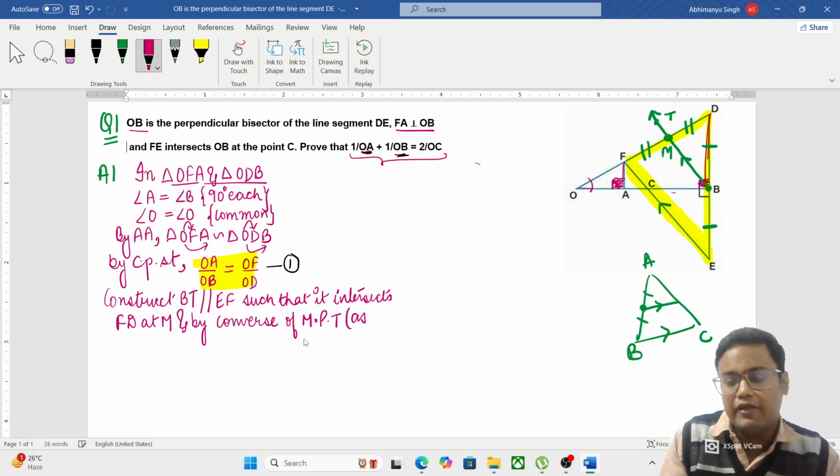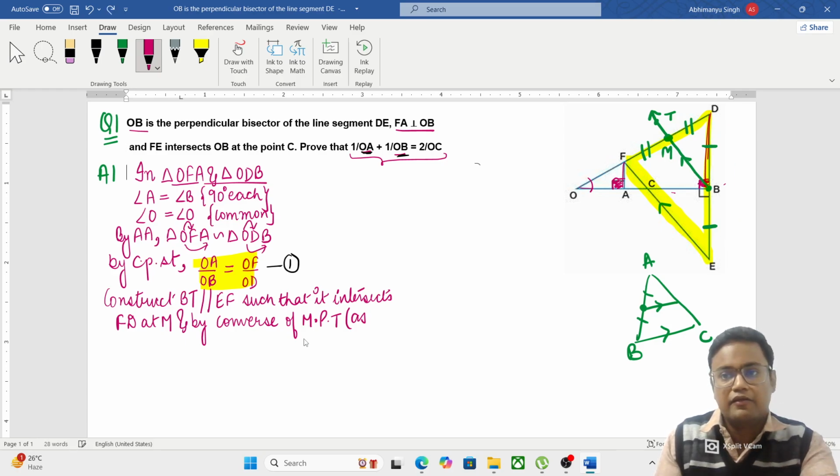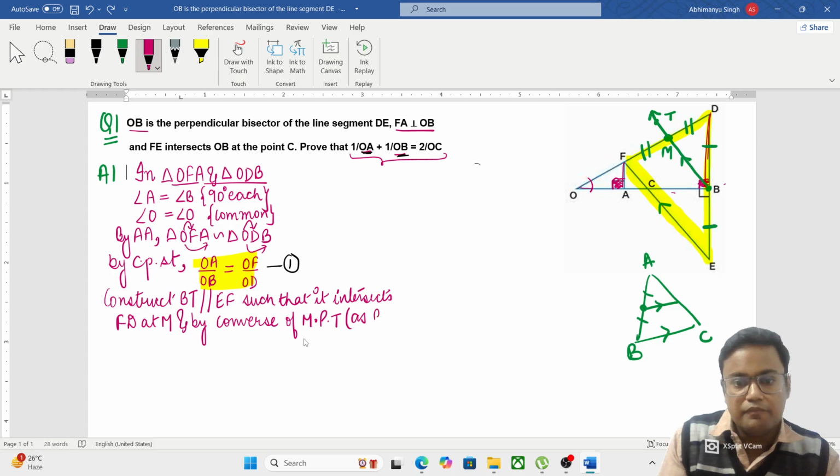as already we have B the midpoint of DE, right? B is the midpoint of DE. So I can write that B already is the midpoint of DE.